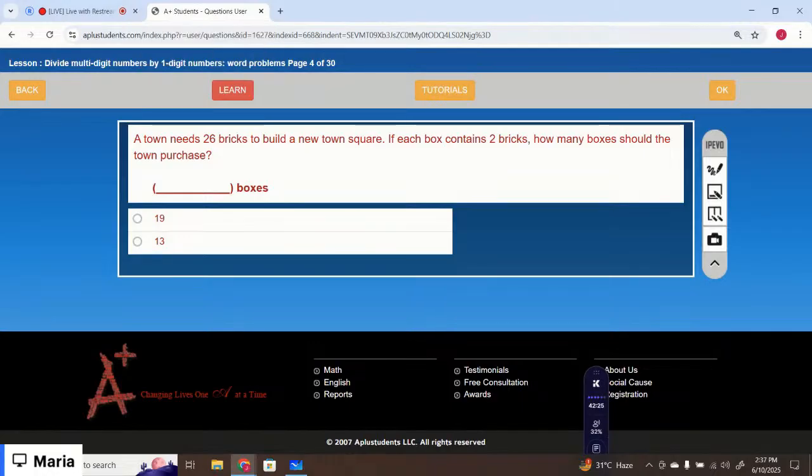A town needs 26 bricks to build a new town square. Each box contains 2 bricks. How many boxes should the town purchase? Which is the correct option?